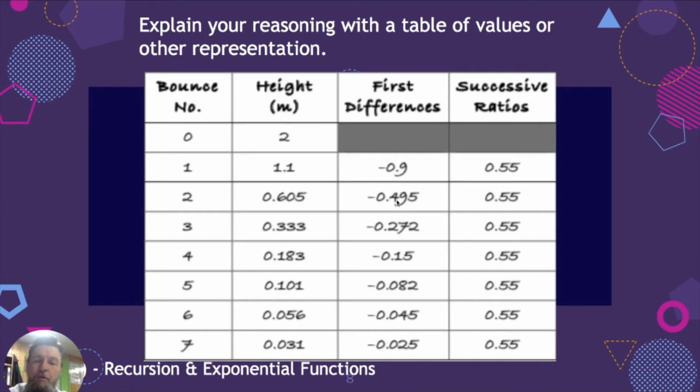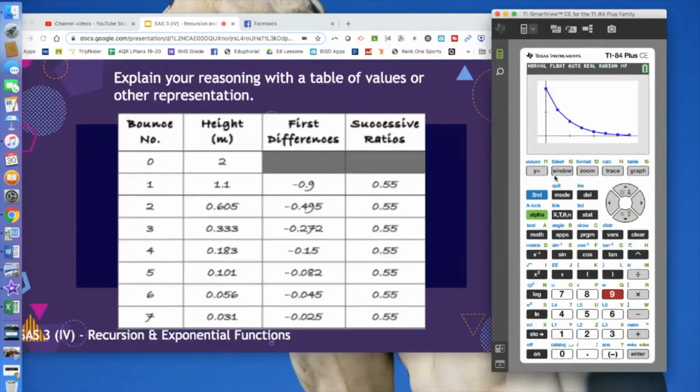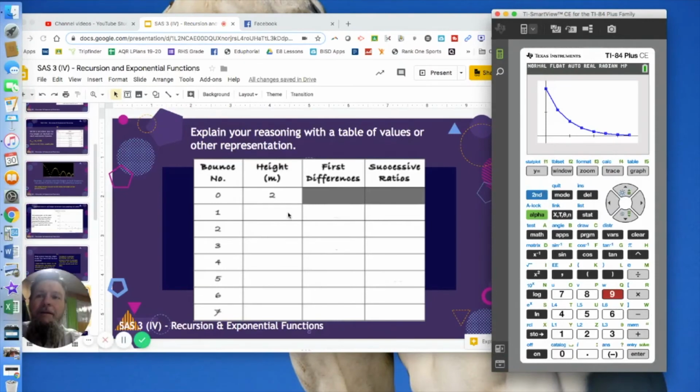Just to prove that point, let's take the calculator and double check it. This will be something we'll learn again. So it's minus 0.9. Let me clear this. Minus 0.9 times 0.55 is minus 0.495. I'm sorry. So yes, exactly.